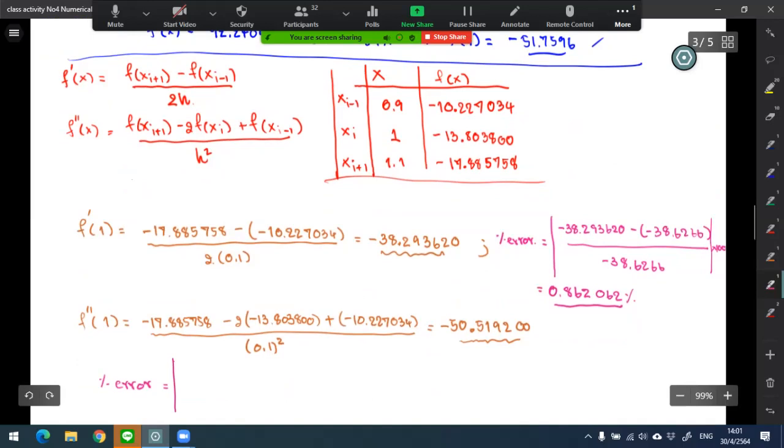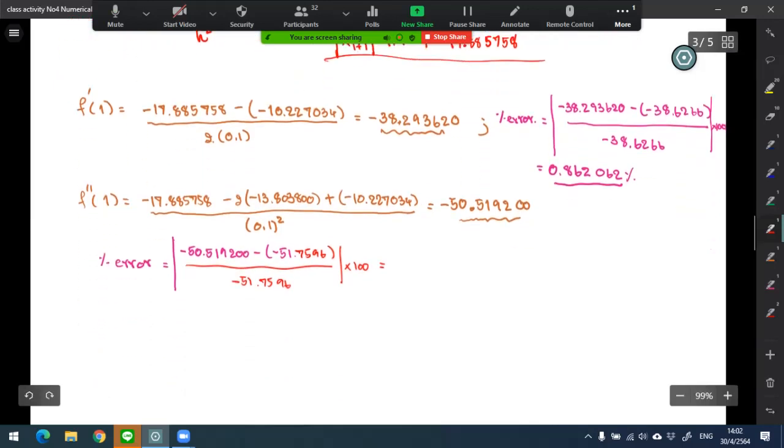Okay, so what is that? It is equal to 2.396464.